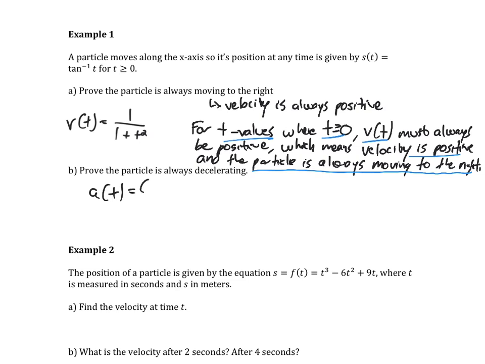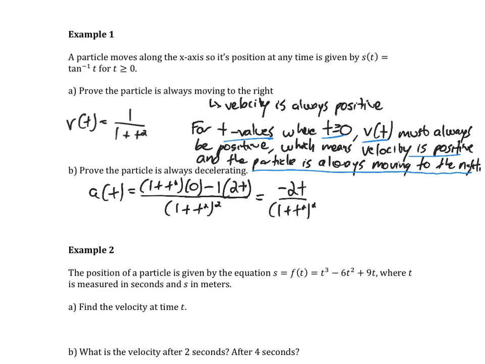That gives me 1 plus t squared times 0 minus 1 times the derivative of the denominator, that's 2t, over the low squared, which is 1 plus t squared squared, which if we simplify it, it just comes out to negative 2t over 1 plus t squared squared.